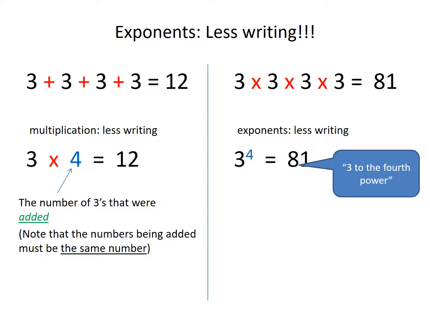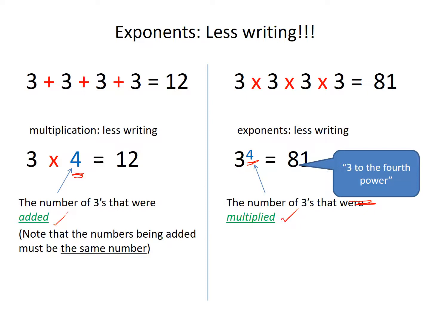And the way we say this is we say this 3 to the 4th power. And that 4 is what tells me how many 3's are being multiplied, just like the 4 over here told us how many 3's we were adding. Now when we're talking with exponents, that 4 tells me how many 3's are being multiplied.